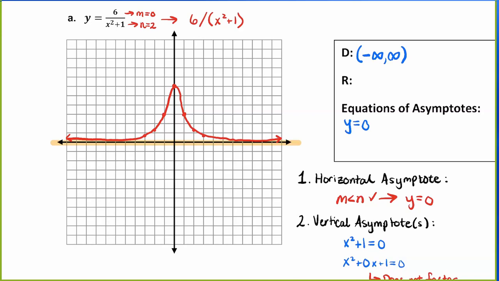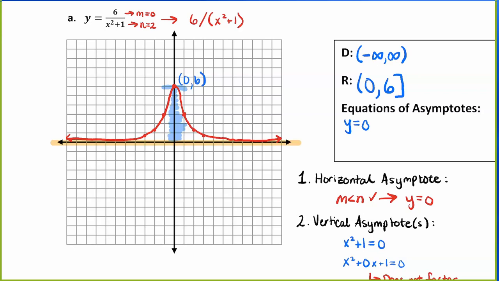Our range is our y values. It starts with the asymptote, but remember it doesn't include it. And it runs all the way up to this point up here. It does include that point. It stops there, but it includes it. So we start at the asymptote, which is 0, and we run all the way up to 6, right? This is at 0, 6. However, 6 is included, so you have to have a bracket on it.